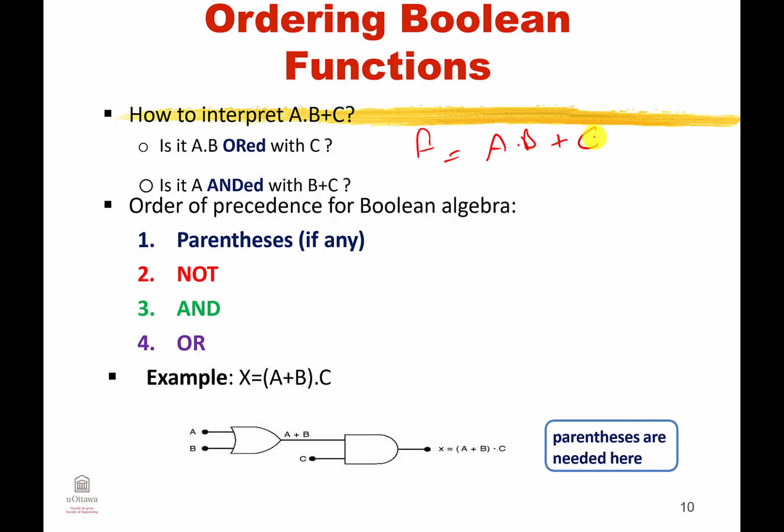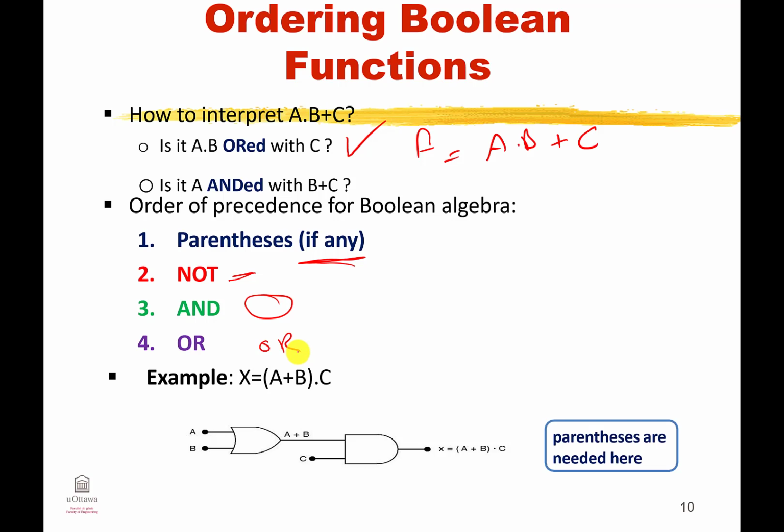So the answer is definitely it's AB ORed with C, because the priority of any Boolean algebraic operation is as the following. First, we have to satisfy the brackets, or the parentheses if we have them, then the not, the inverted, or the complement. Then after that, the AND will come, and at the end is the OR. Okay, that's why I told you the term is anything separated by the OR.